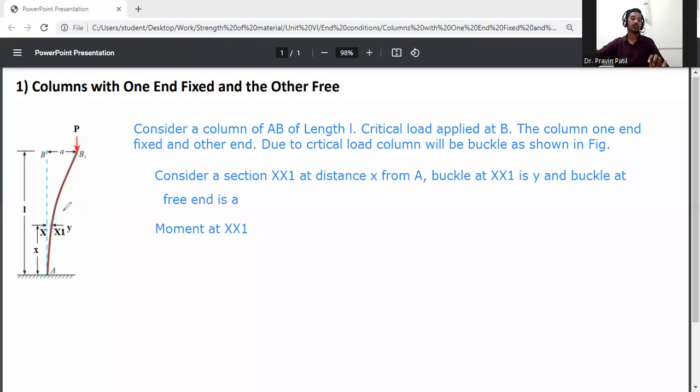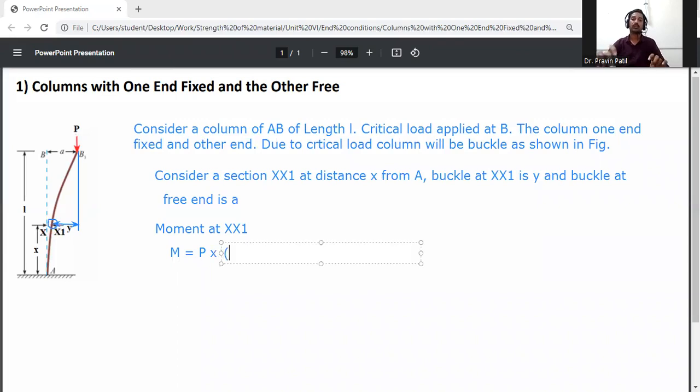Moment M is equal to force into perpendicular distance. So we must know this perpendicular distance. The load acts up to here, so the total distance is a minus this y.